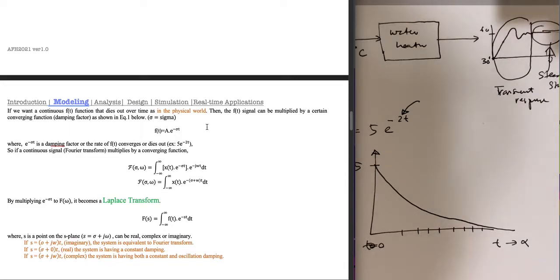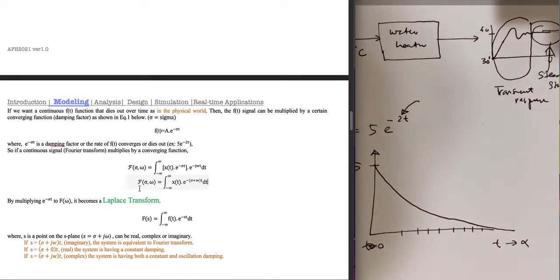So and then if we combine this with the Fourier transform, where the Fourier transform only considers the imaginary part, which is j omega t here, because it is a continuous periodic signal, and then we combine this with the real part here into the Fourier transform, then it becomes a transform that takes the input of sigma and omega. That becomes the Laplace transform.